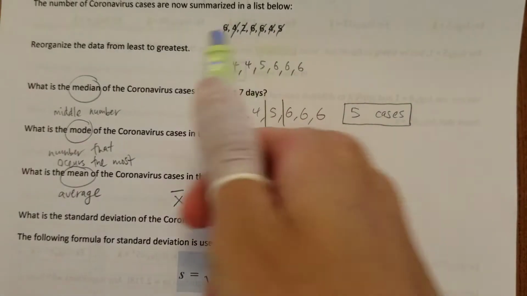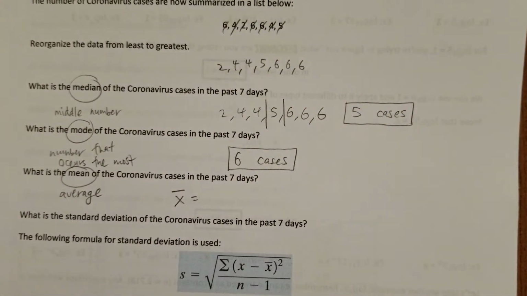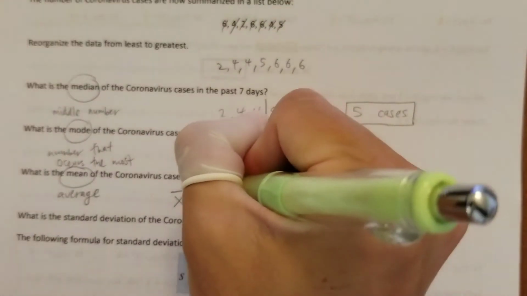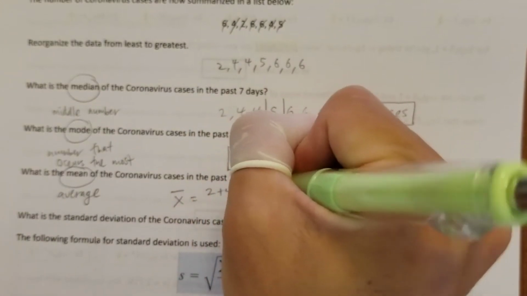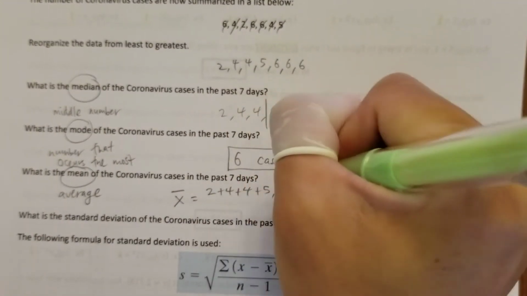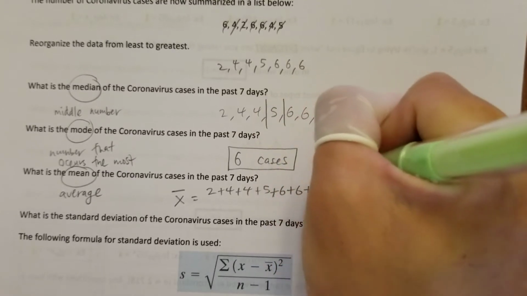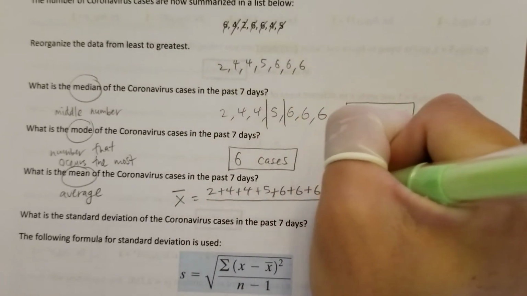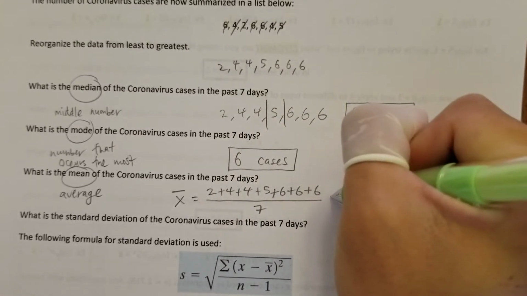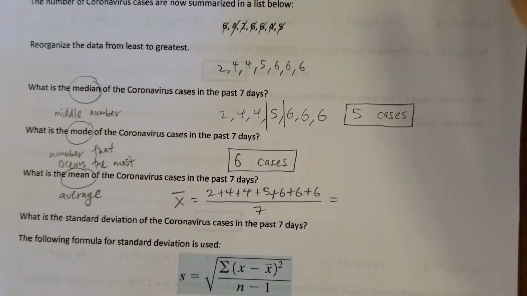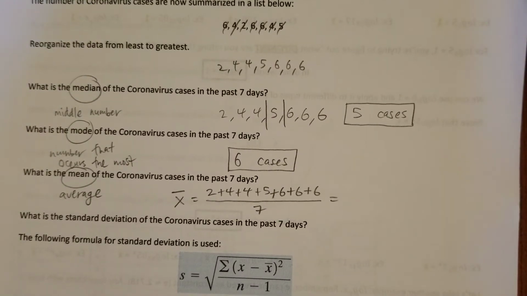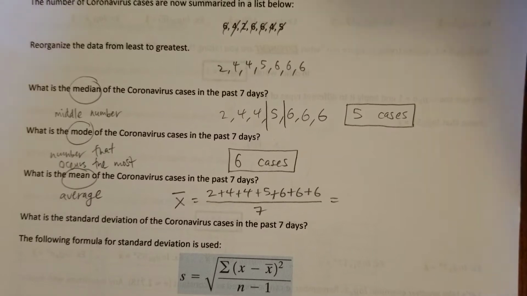We have 7 pieces of data that we're looking at. We divide by 7. So 2 plus 4 plus 4 plus 5 plus 6 plus 6 plus 6, and divide this by 7. Okay, so very easy.